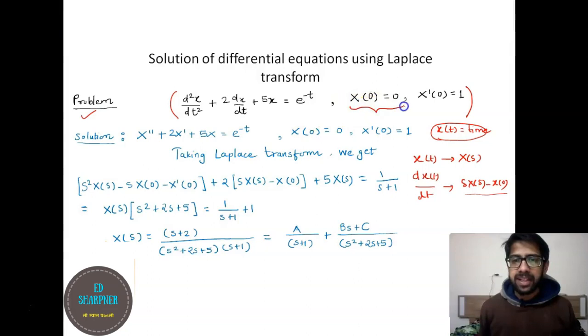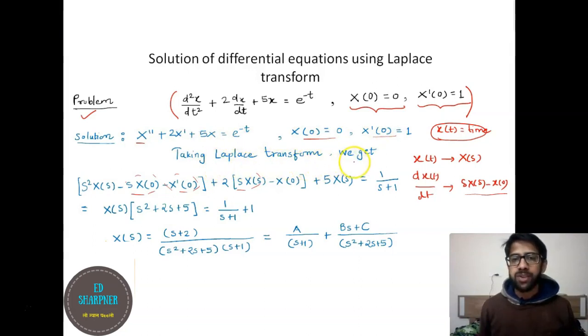These are the initial conditions which are given, which will give us the important instructions while we put the values for different initial values here. So we write the differential equation in this form: x double dash plus 2x dash plus 5x is equal to e raised to minus t, and these are the initial conditions again.